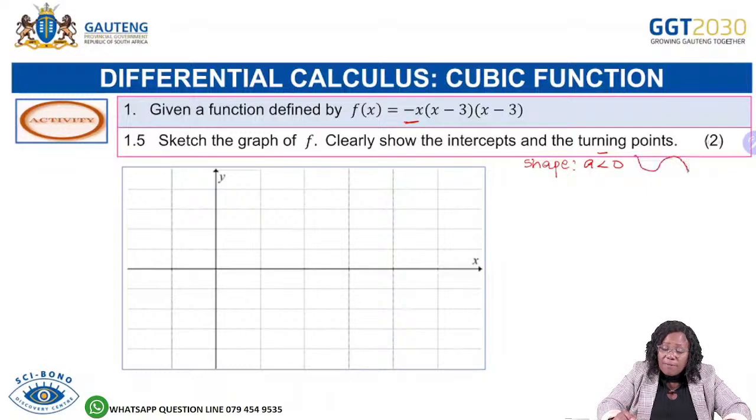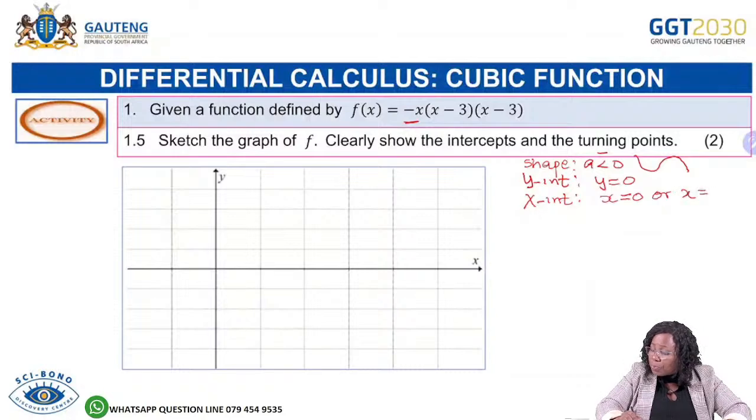The y-intercept we have calculated previously, and we ended up with y equal to 0. Also the x-intercepts we have calculated on the previous questions, and we ended up with x equal to 0 or x equal to 3. And now we have just calculated the turning points for this graph.